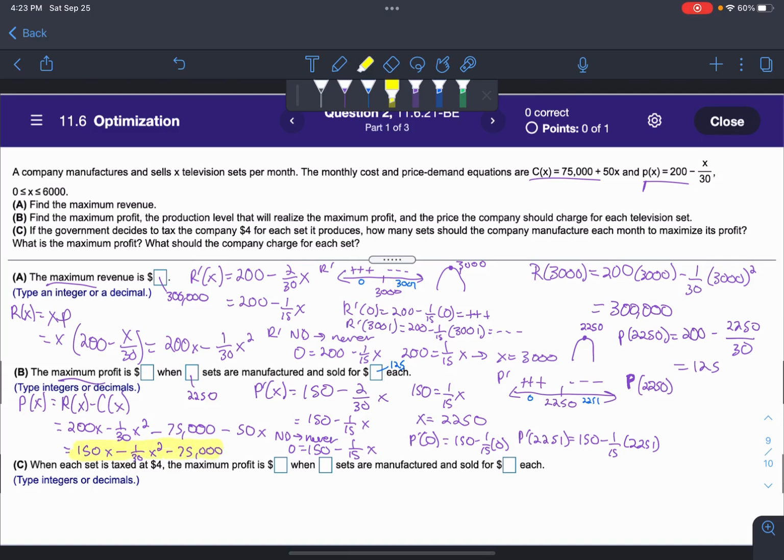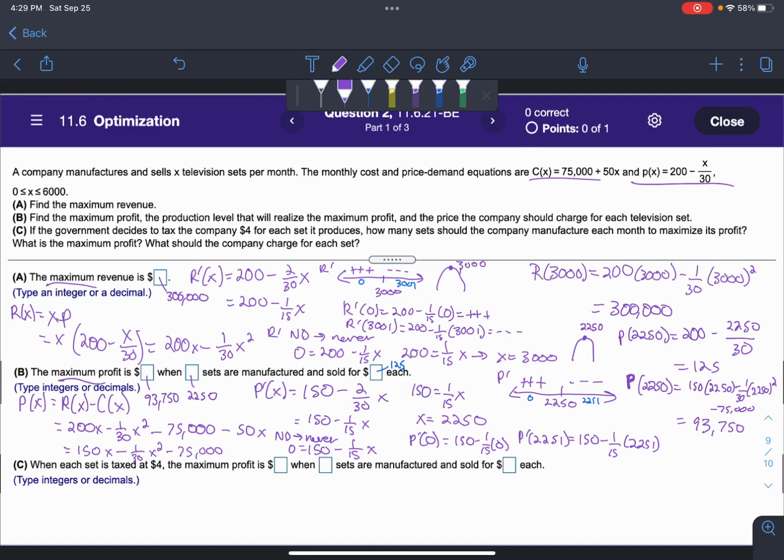So this will be 150 times 2250 minus 1 over 30, 2250 squared minus 75,000. So I get for this one to be 93,750. And so right here, this answer will be 93,750.